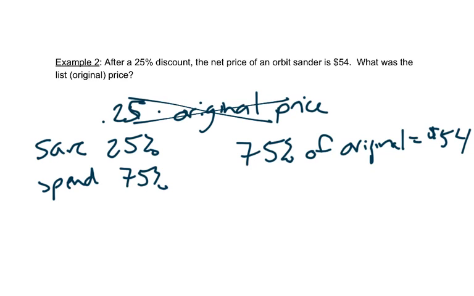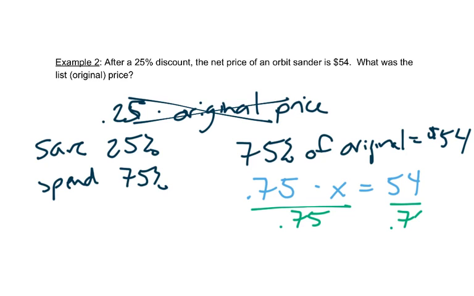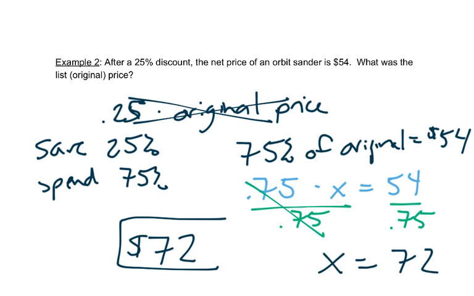So we can type or write an equation, 0.75 times x is equal to 54. And then we can divide both sides by 0.75. And we get x is equal to 72. So the original price of this sander is $72.